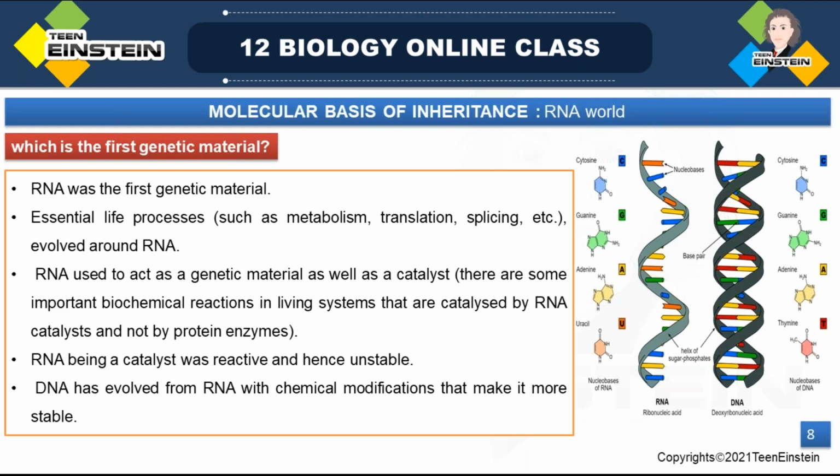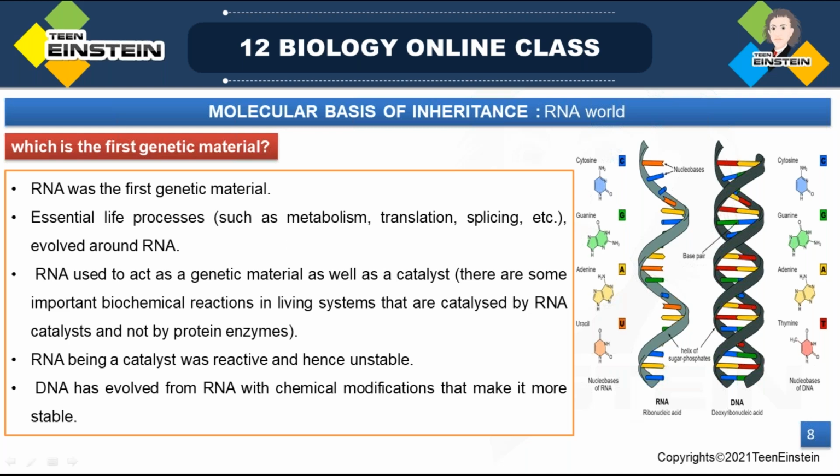In normal cases, enzyme is performing that role, right? In normal cases, enzyme is doing that catalysis. But in some special cases, RNA is performing that role. Not only is it working as a genetic material, sometimes it is catalyzing the reaction also.